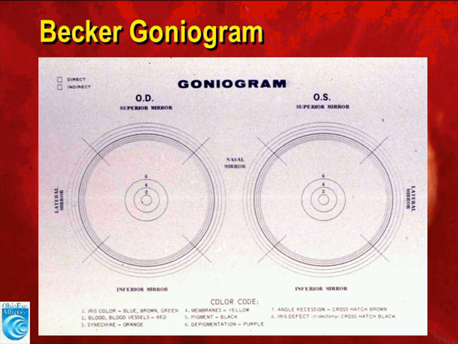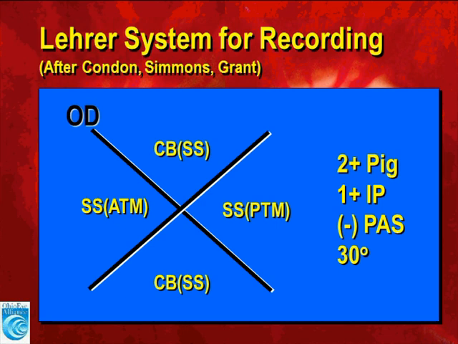To record gonioscopy, one can use this type of chart called a Becker goniogram. Most of us tend to use an X in the chart, and this is the way I learned it from my mentors, Gary Condon, who learned from Dick Simmons, who learned from Morton Grant. Basically, we label the X as right eye or left eye.